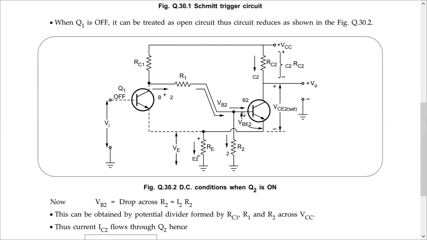So what will be the equivalent voltage here? Because Q1 is off, the current will flow in this path. The voltage here will simply be this current multiplied by the resistance R2. First of all, what will be the total current?